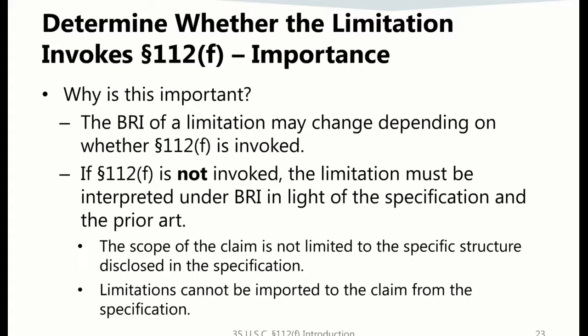First, you need to determine whether the limitation invokes 35 U.S.C. 112(f). This is important because the broadest reasonable interpretation may change depending on whether 112(f) is invoked. If 112(f) is not invoked, then the limitation must be interpreted under broadest reasonable interpretation in light of the specification and the prior art.